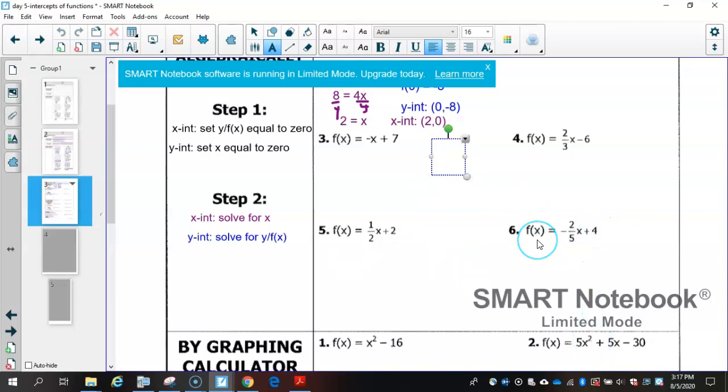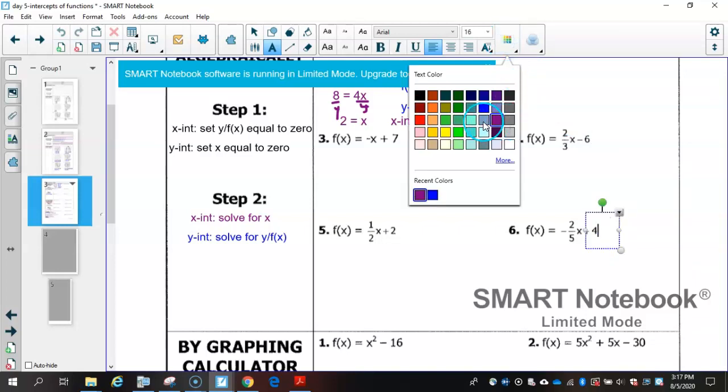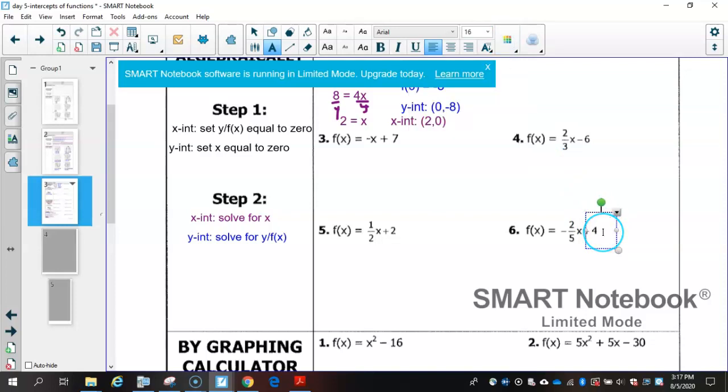Alright, so I'm going to do this a little backwards. I'm going to start off with the y-intercept this time. So with the y-intercept, x needs to be 0.